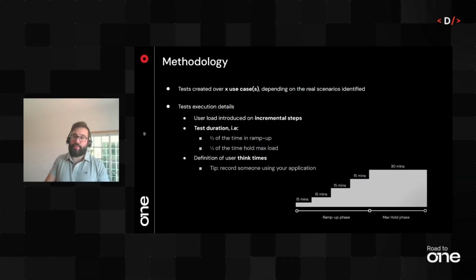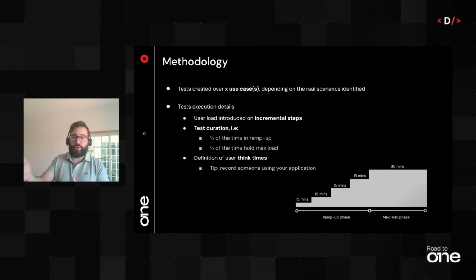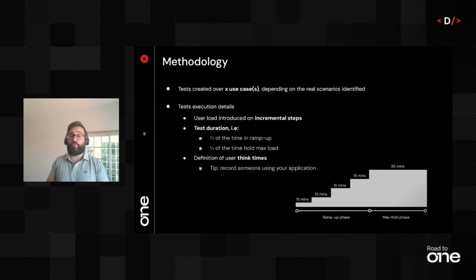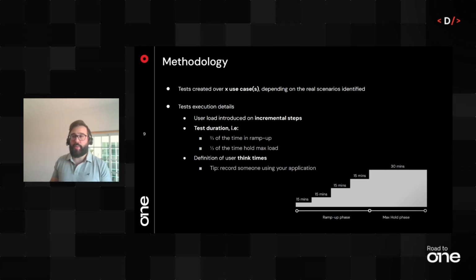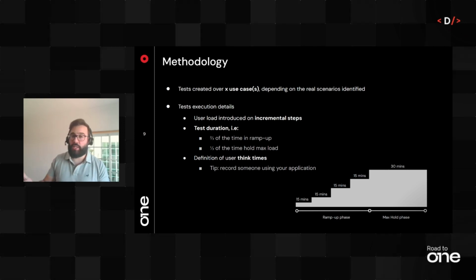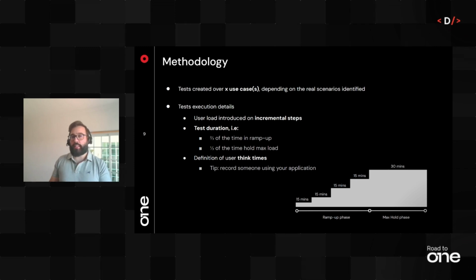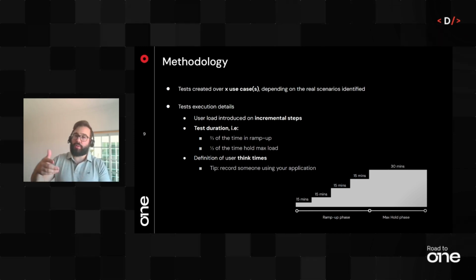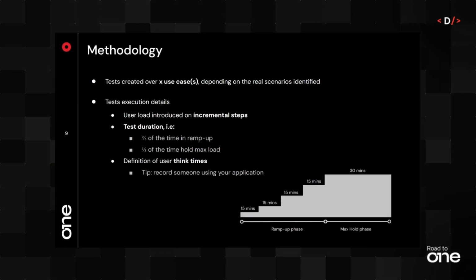During these phases, the ramp up can be half of the time, or 1/3 or 2/3 of the whole test, like the example that we have here. But the main idea, if we follow this approach of having 2/3 of the time in ramp up, is that we can understand better if there is any issue later on. We can correlate the time of that issue with the amount of users that we have at that moment.